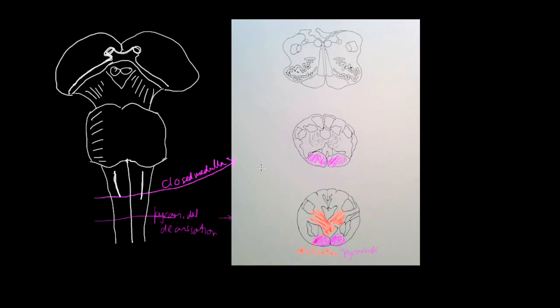And likewise, in the upper section, which we sort of level about here, or maybe a bit lower than that, this section that we've got up here is at the level of the open medulla, and that's where the fourth ventricle opens out. So we no longer have a central canal, and you can see the fourth ventricle right in there. Okay?